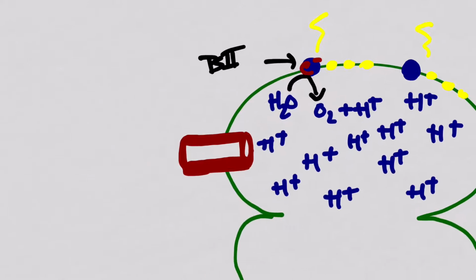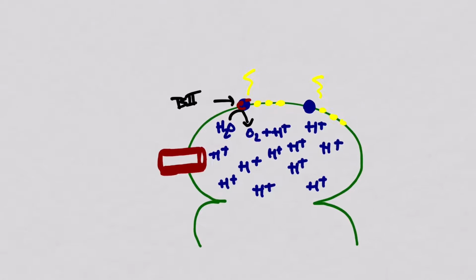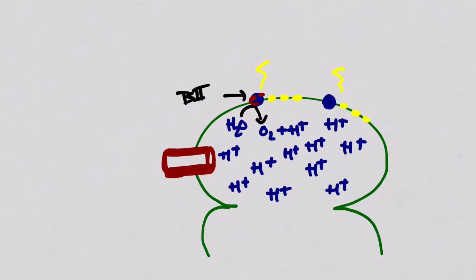So this is ATP synthase. The role of ATP synthase is to take ADP, which is adenosine diphosphate, and take a free phosphate group, Pi, and catalyze the formation of ATP.